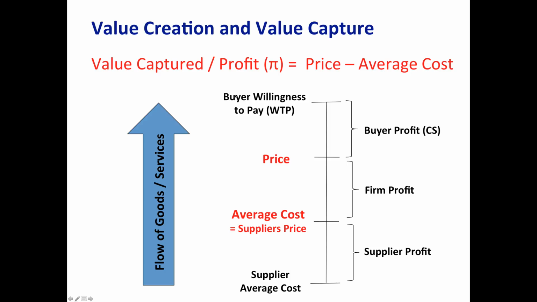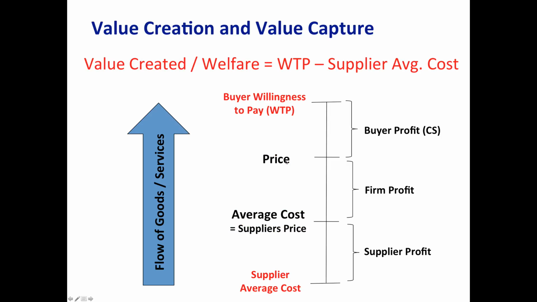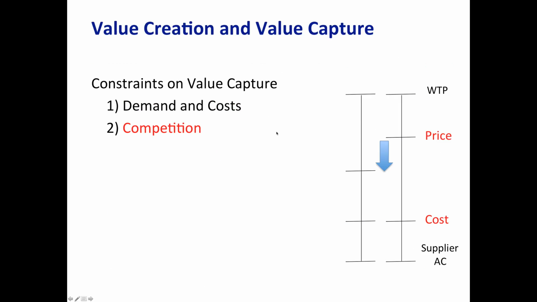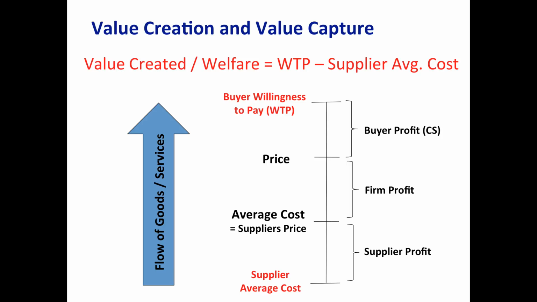So the value captured is essentially just a firm's unit profits, whereas value created is total welfare, which is the difference between the buyer's willingness to pay and the supplier's average cost.